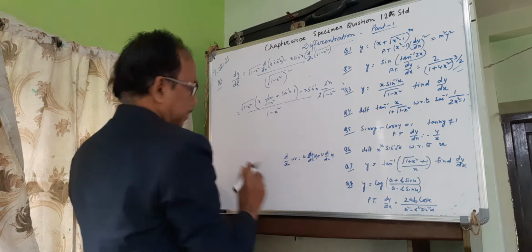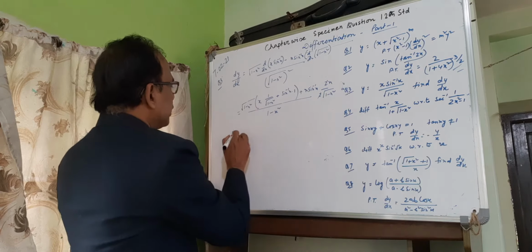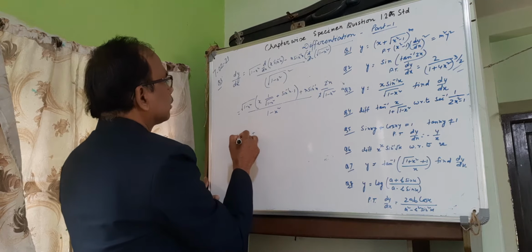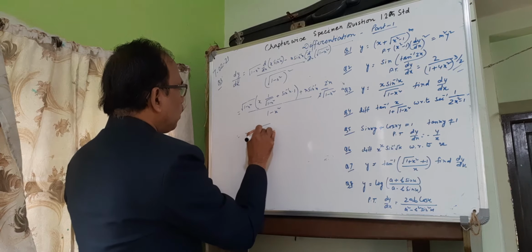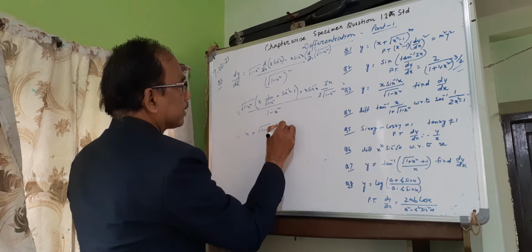This and this cancel. Now multiply this with this, that is this and this cancel, this will be x plus root over of 1 minus x square sine inverse x.